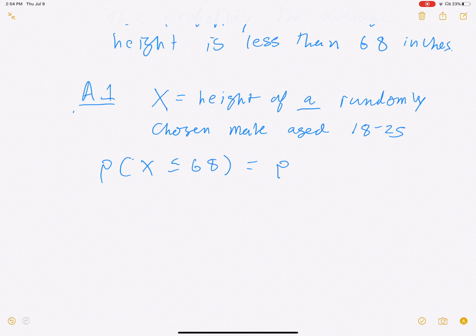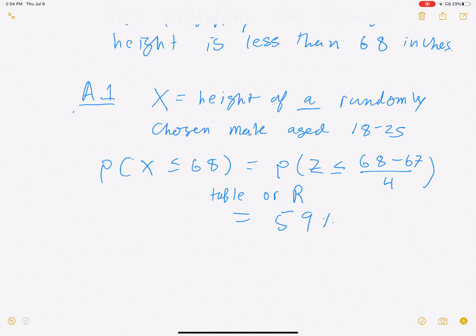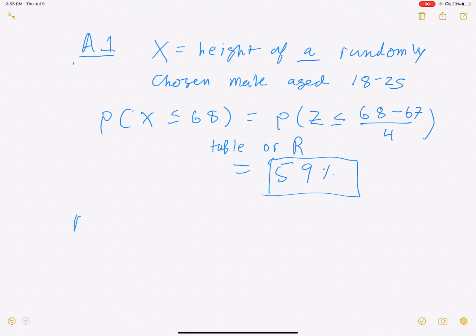Well, to do this, we just take the z-score, so calculate the probability z is less than or equal to 68 minus the mean of 67 divided by the standard deviation of 4. And from here, you'll use the table, or you'll use R. And you'll calculate that this probability is 59%. And that's the probability a single male is less than 68 inches.